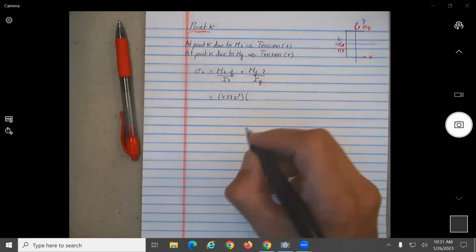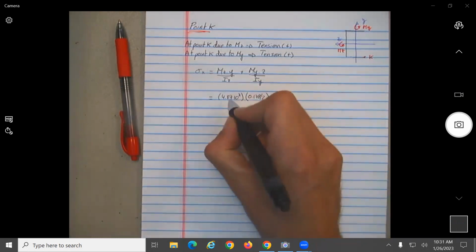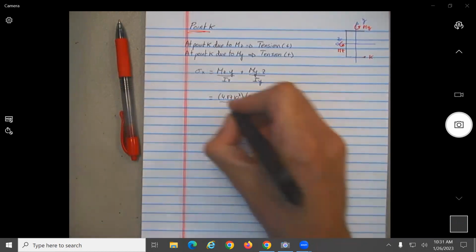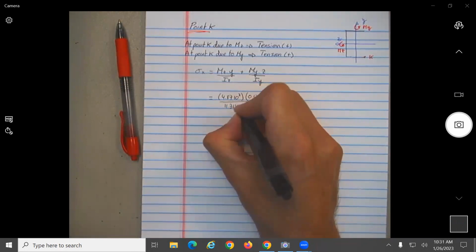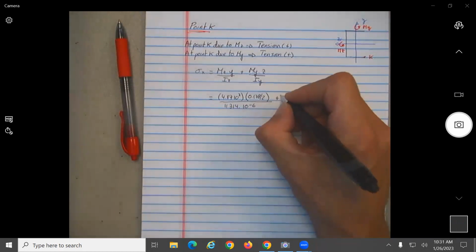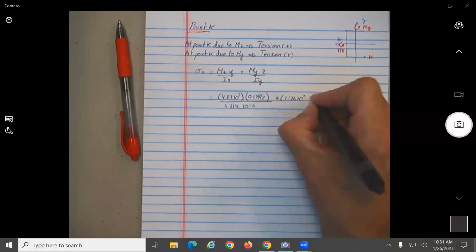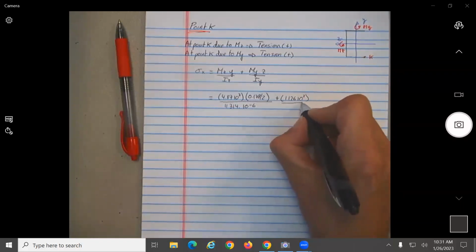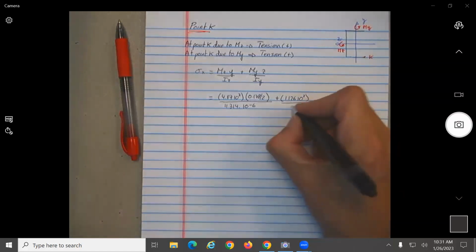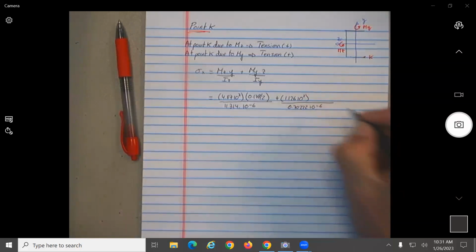What did we have before? 0.178 divided by 2, divided by 11.314 10 to the minus 6, plus 1.126 10 to the 3, divided by the 0.70222, I think, 10 to the minus 6.